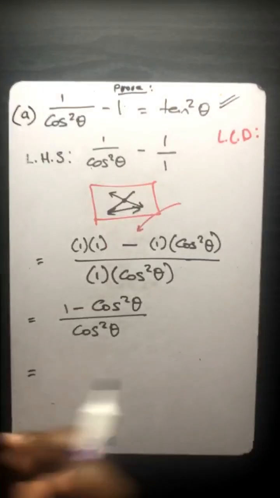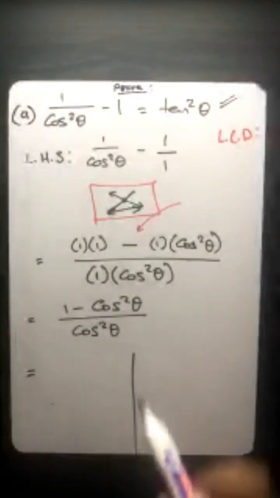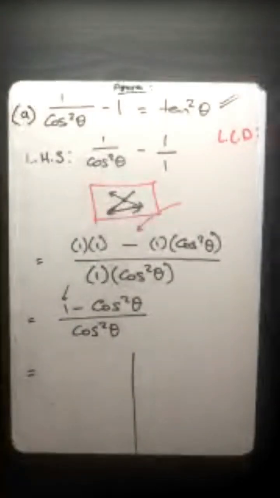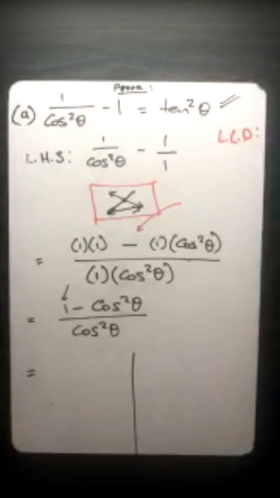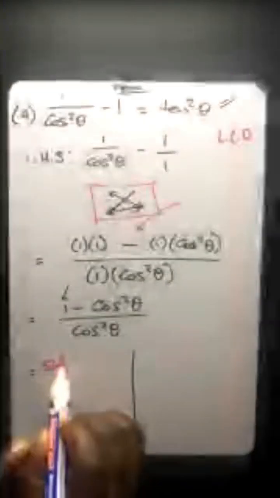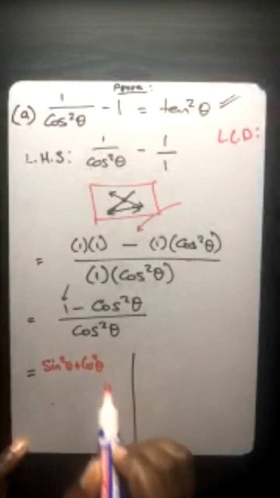Let me do it this way, and someone is going to notice something. Maybe I'll try from this, work it out in two ways. Someone can say, I see we are having 1 there. And the one who spoke said, when you see 1, it means 1 is the same as sine squared theta plus cos squared theta.